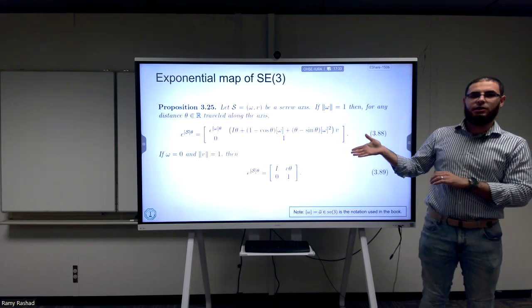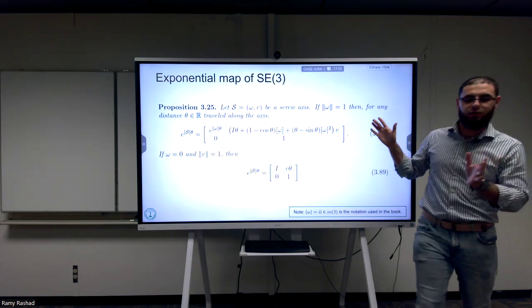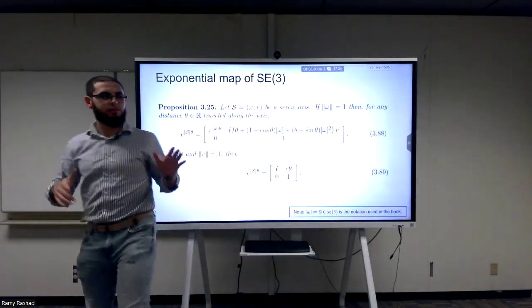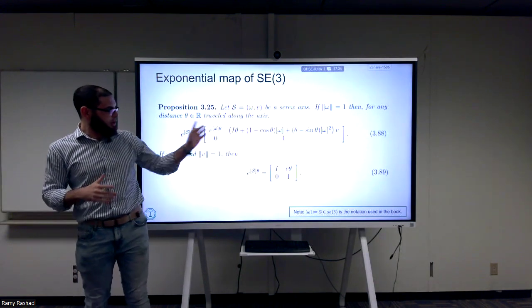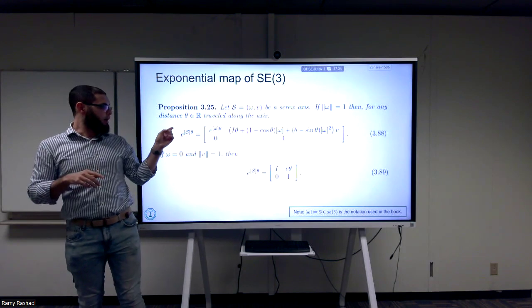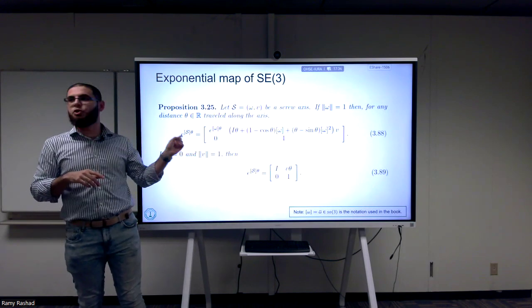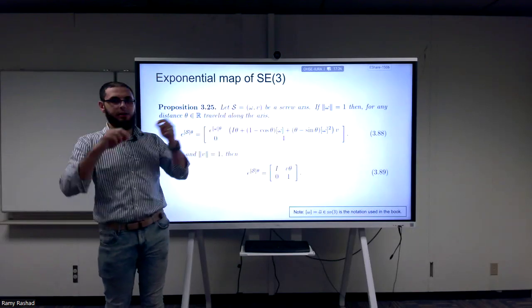So this is the expression from the book of the matrix exponential. I was too lazy to write it again because it's the same idea. So again, remember what is this calculating? We get in the end the homogeneous transformation. So I give you 6 numbers. So S here is 6 numbers.